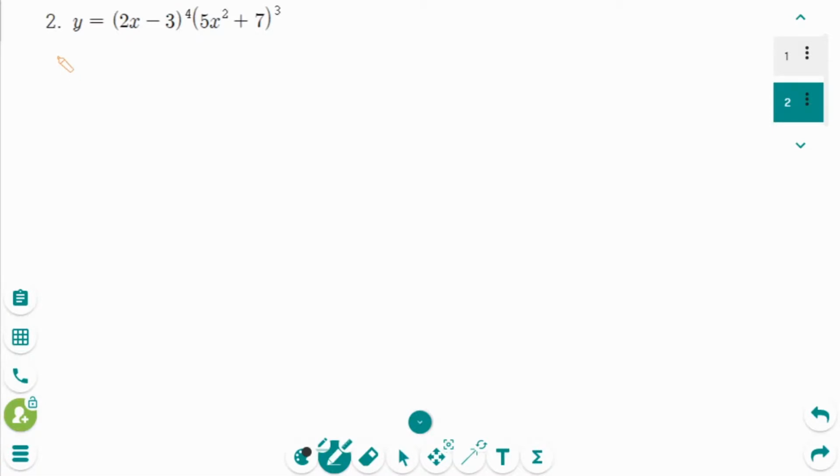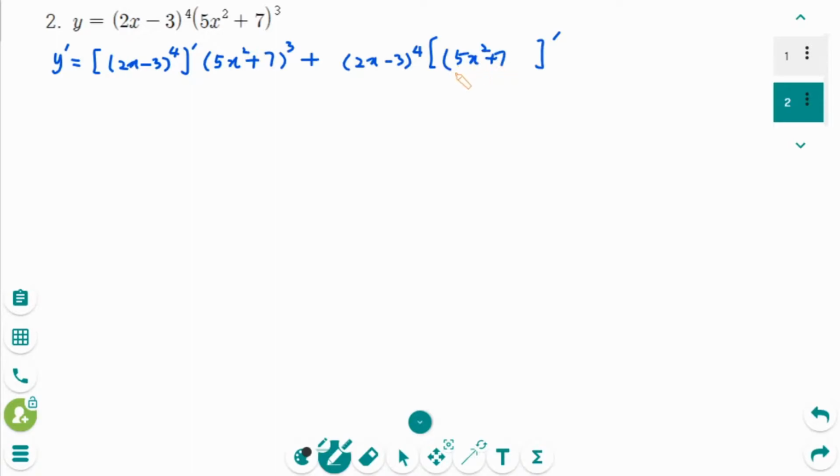Number 2: y prime equals the derivative of 2x minus 3 to the power of 4, times 5x squared plus 7 to the power of 3, plus 2x minus 3 to the power of 4 times the derivative of 5x squared plus 7 to the power of 3. For the first part, this one is u to the power of 4, so 4u to the power of 3, then u prime.